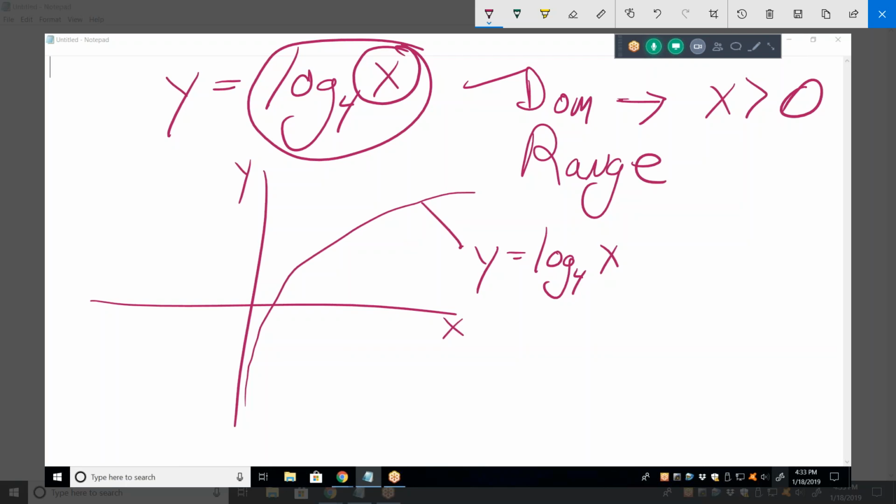No, there aren't. I'm talking about the x values that are on that curve. There are no x values on that curve that are 0 or negative.